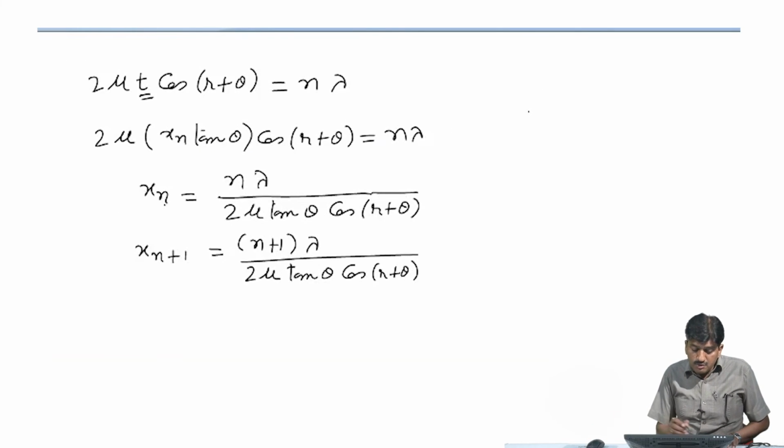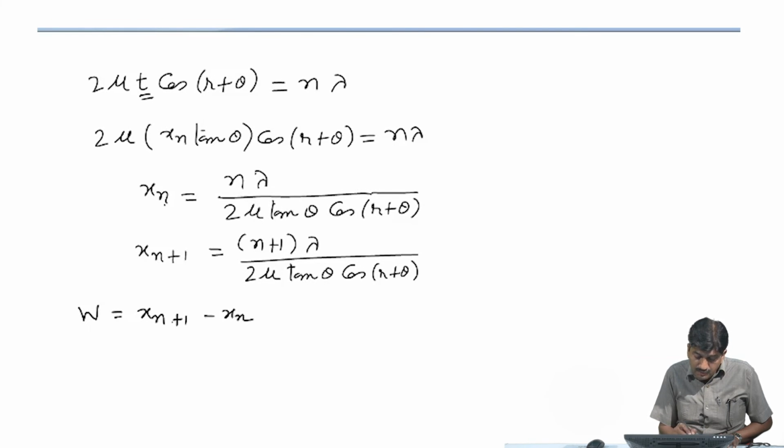If we take the difference, W is xn plus 1 minus xn, then this W represents the fringe width.